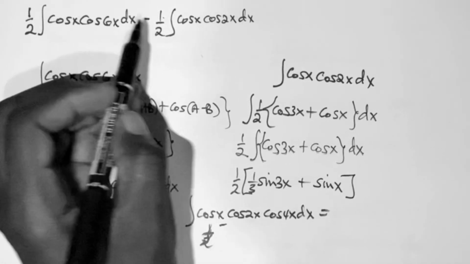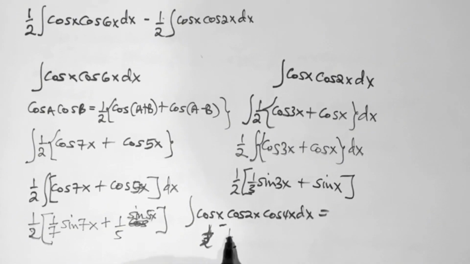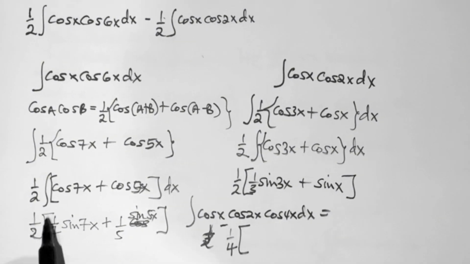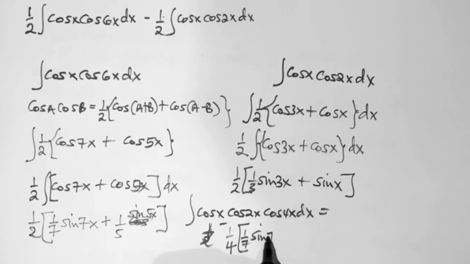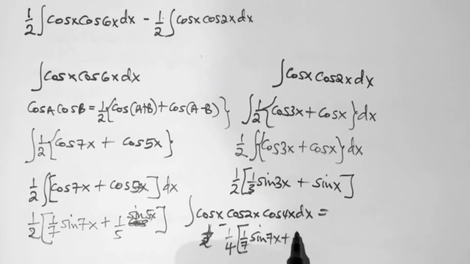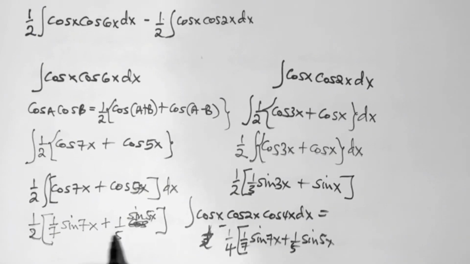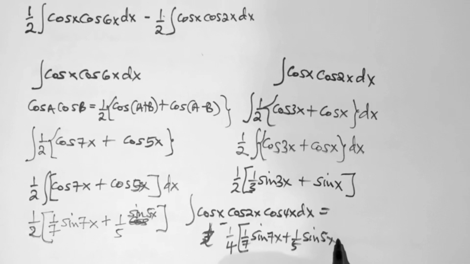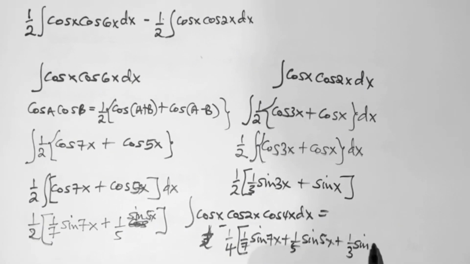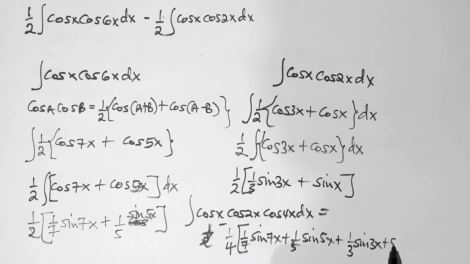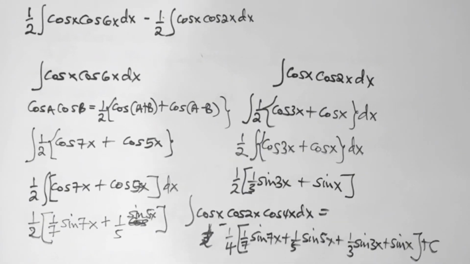And there's also a half here and a half here, so it becomes 1 over 4, then bracket open: 1 over 7 sine 7x, plus 1 over 5 sine 5x, and then here is plus 1 over 3 sine 3x, plus sine x, plus a constant of integration c.